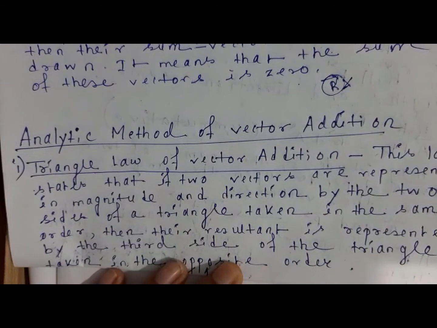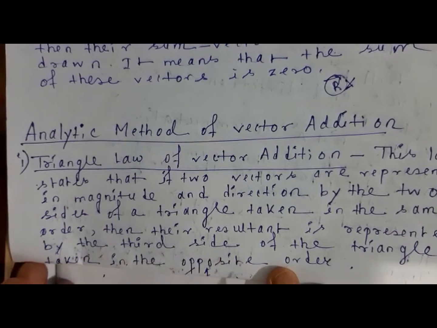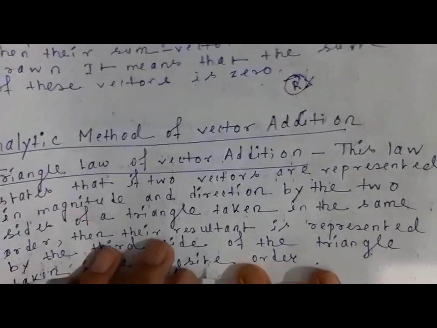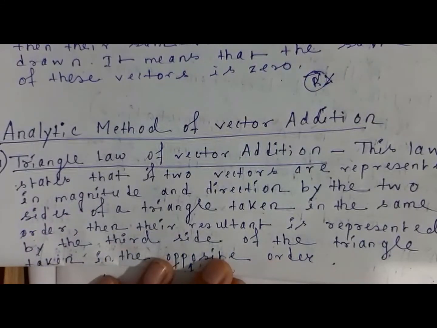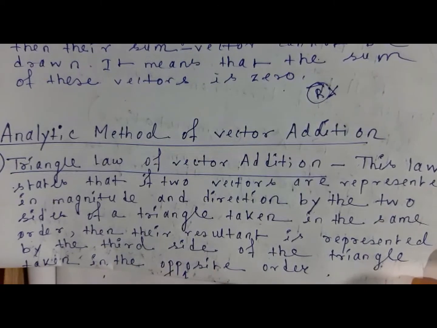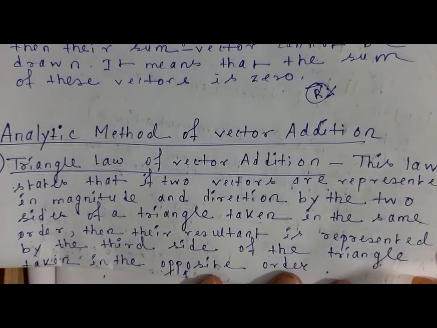Now coming to the analytic method of vector addition. I was discussing this earlier also when I was talking about vector quantities. I was telling that it should obey the triangle law of vector addition. Now we will see what the triangle law of vector addition is.